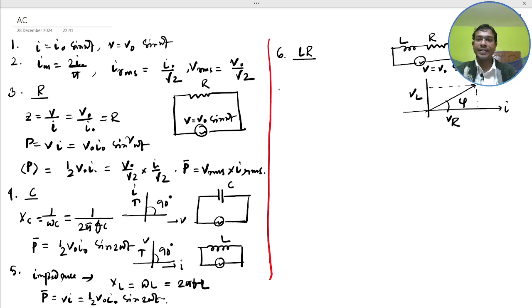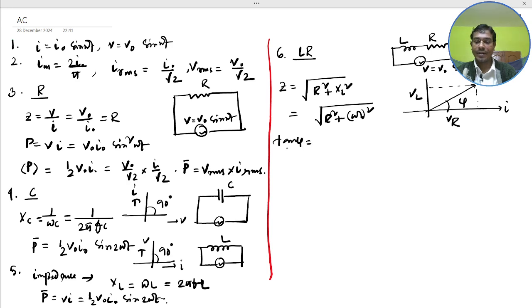So here the impedance Z is equal to root over R square plus XL square. Just put this value, so impedance would become root over R square plus omega L square, and tan phi, this is very important, tan phi is VL by VR.